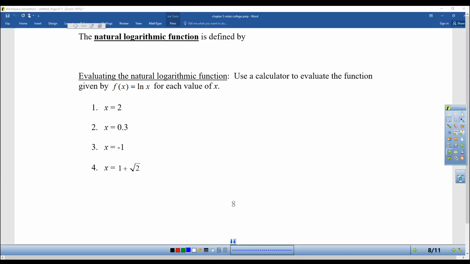All right, that's it for graphing. The natural logarithmic function is defined by f of x is equal to log base e. So we introduced e last time. It was called the natural base. Now it's called the natural log.